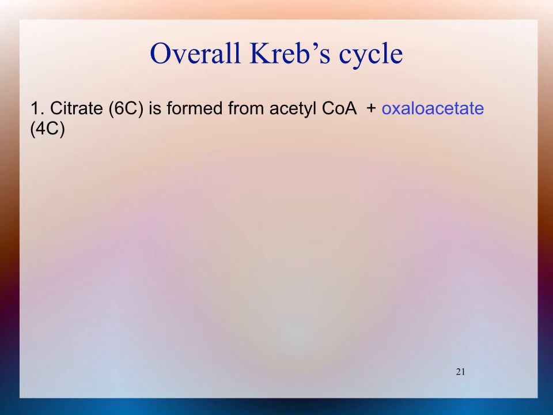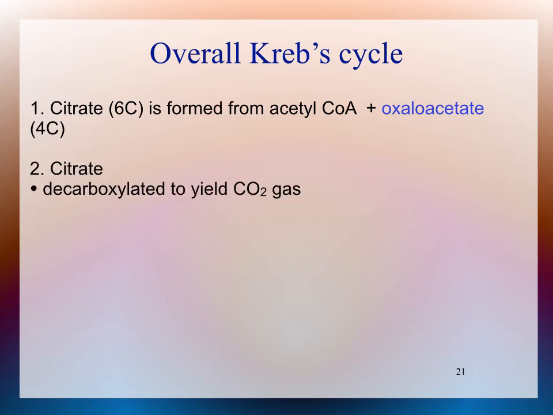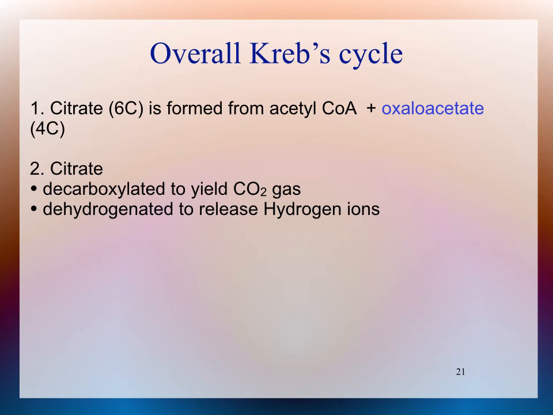So what is the overall Krebs cycle? You've got citrate being formed from acetyl coenzyme A and oxaloacetate. The citrate is then decarboxylated to give carbon dioxide. It's dehydrogenated to release hydrogen ions, which are picked up by NAD and FAD to reduce them.